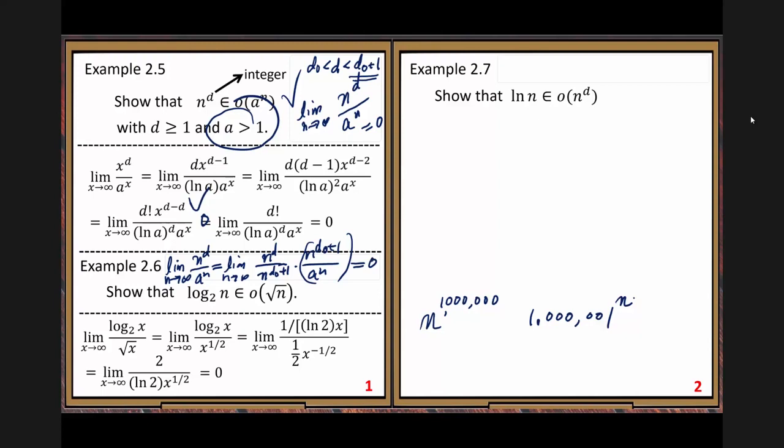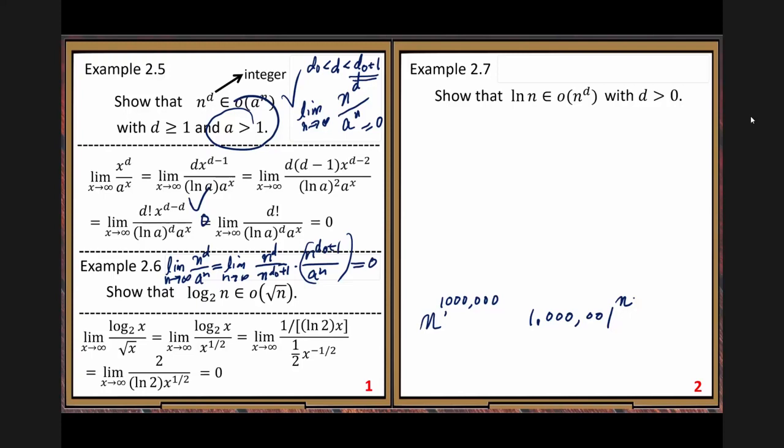After this example, we complete this topic. Last one, we only need little d to be a positive number, that's enough. We don't need more. Little d, we only need any positive number.